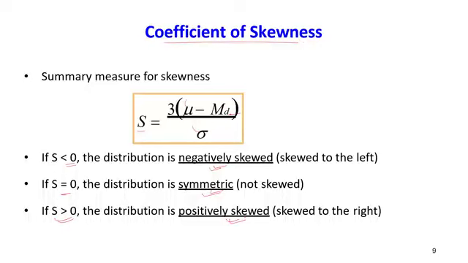If the value is positive, then it is known as positively skewed or skewed towards the right. Now, why is it important? Whatever measures we are using, with these measures we are trying to understand the data. And this is a very important step, guys.